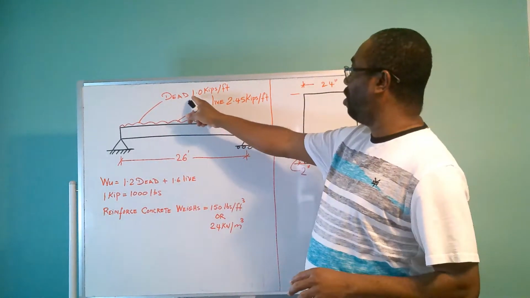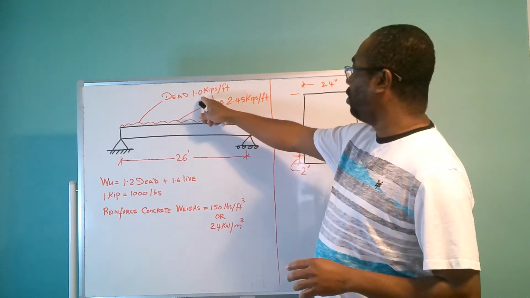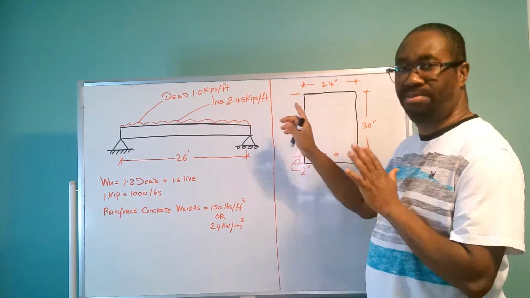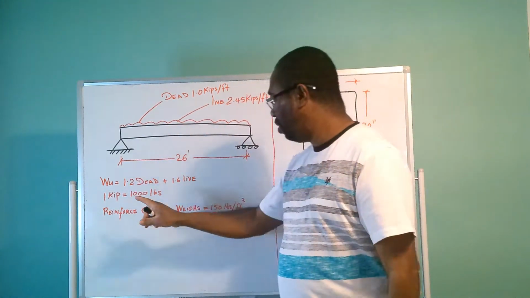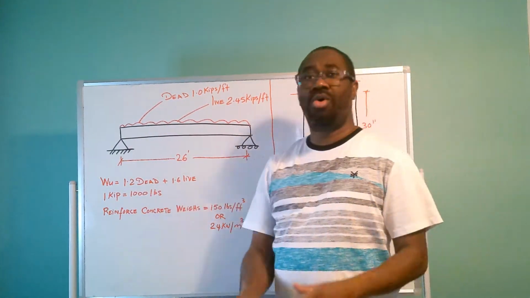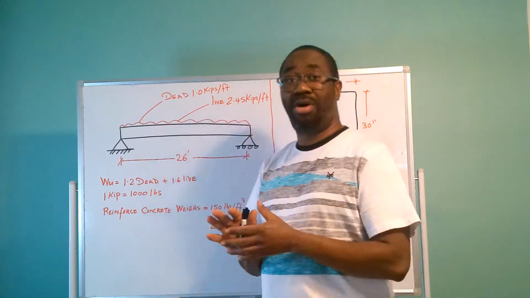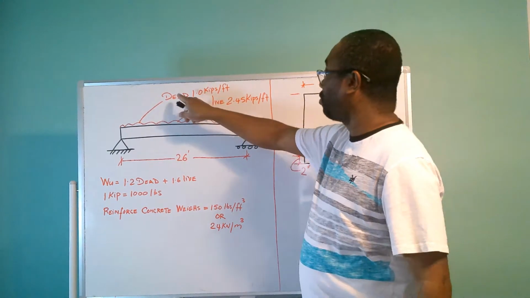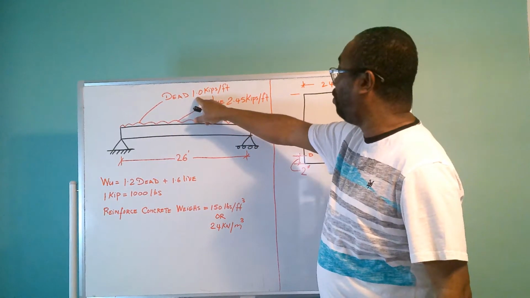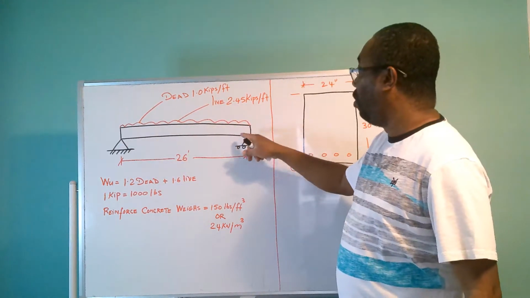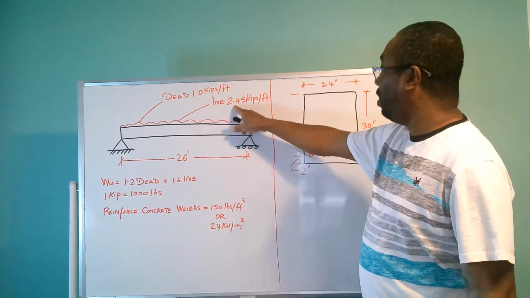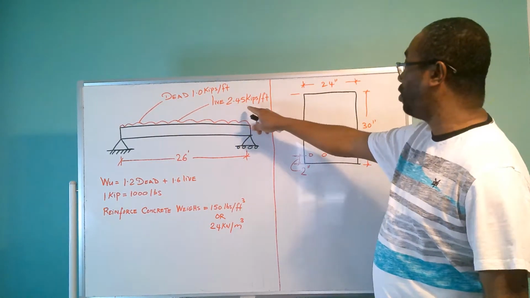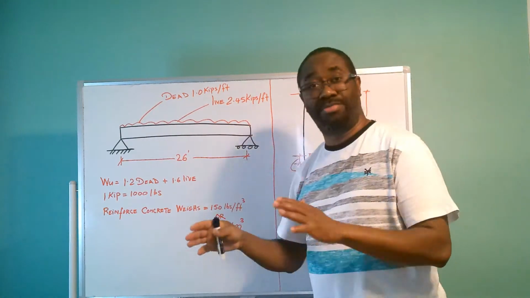Also, if you observe how we write the loads, this is 1.0 kips per foot, and this is 2.45 kips per foot. Now, one kip is equivalent to 1,000 pounds. So essentially, this beam is carrying 1,000 times 1, so 1,000 pounds per foot, while this live load here is 1,000 times 2.45, so that is 2,450 pounds per foot.